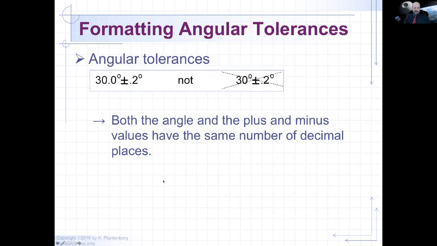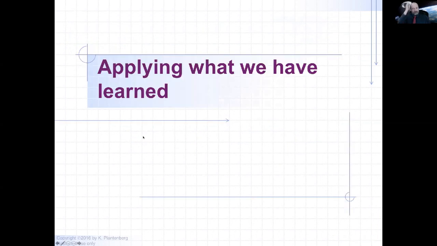All right, angular tolerances, same kind of deal. They both have to have the same number of decimal places. These are just some rules you have to adhere to when you're doing your drawings and your dimensioning. If we would have had the project this semester, we'd be looking for that in your project designs.